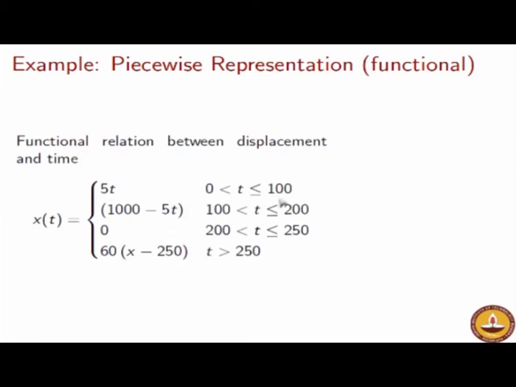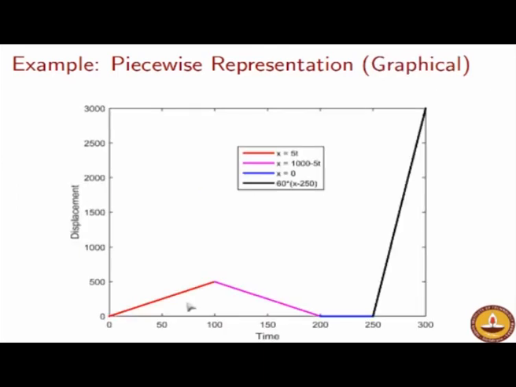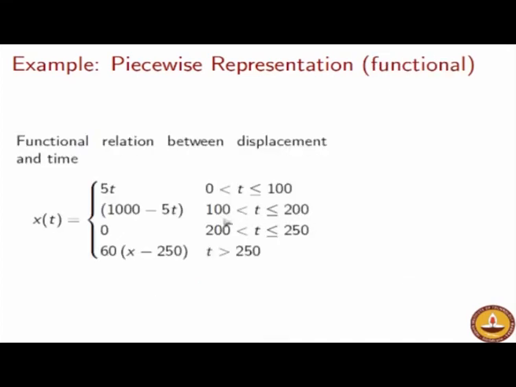Between t equals 0 and 100, x of t is represented by 5t, which is this red line, right. Similarly, in the next 100 seconds, from 100 to 200, the functional relationship is 1000 minus 5t. So in the next 100 seconds I will draw a graph of this.